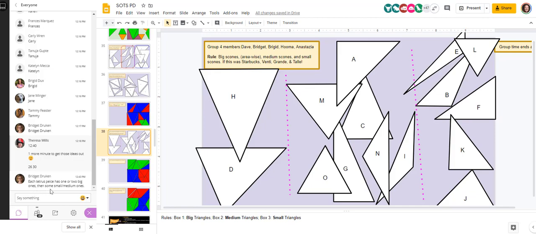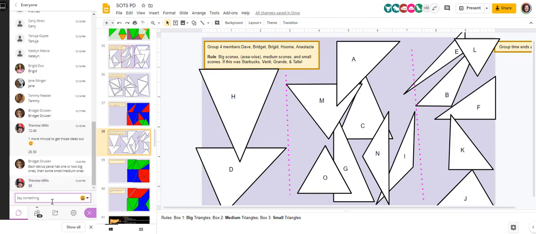So Bridget mentioned that each Tetris piece has 1 or 2 big ones and then some small ones to fill in. Absolutely. In thinking of size, let's go down to slide 38. I'll try and type these in the chat box so you can keep the slides straight. Join me on slide 38.